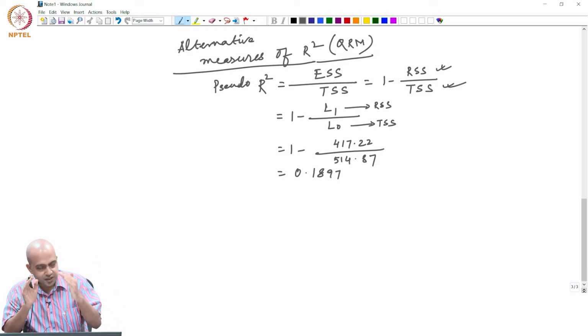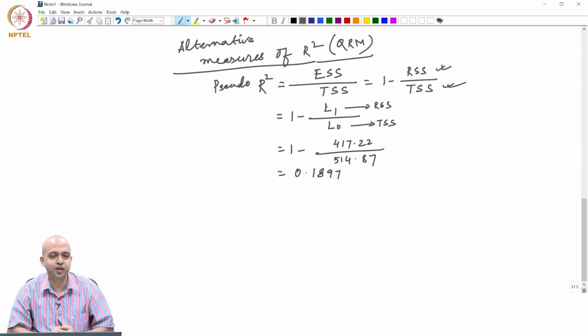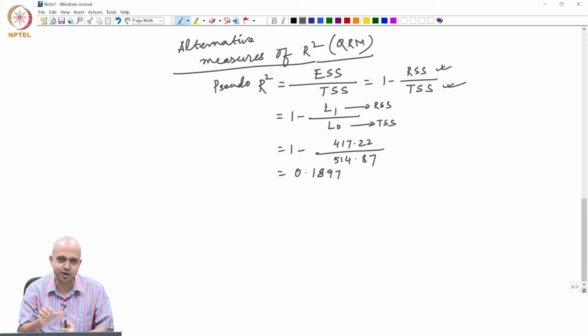Since the standard measure of R square is not applicable in the context of a qualitative response model, econometricians have derived an alternative measure of R square, which is 1 minus L1 divided by L0, where L1 is basically, what is L1?